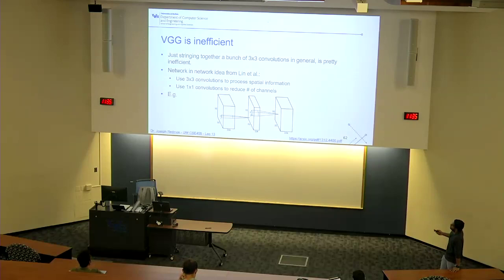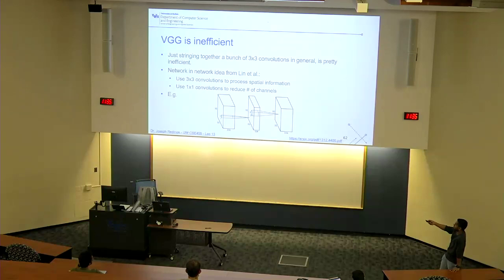There was a network in network idea where you use 3x3 convolutions to process spatial information and use 1x1 convolutions, 1D convolutions, to reduce the number of channels. So here, there's a 32x32 input image going into a 1x1 convolution. Since it's a 1x1 and there's 256 filters in this convolutional layer, the direction along which you're looking for stuff has changed.